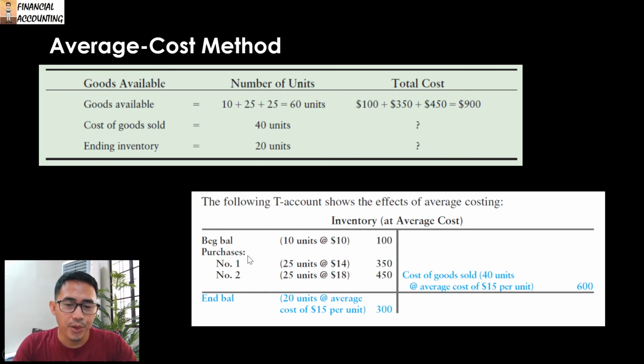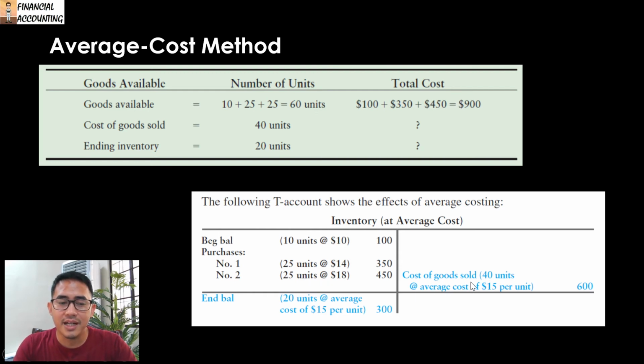And we have two purchases. The first purchase is 25 units at $14, so that's $350. And another purchase, 25 units at $18. That's $450. These black items here are already given in the problem.